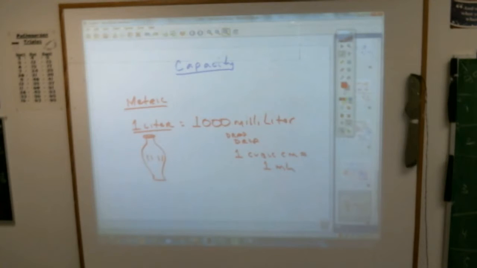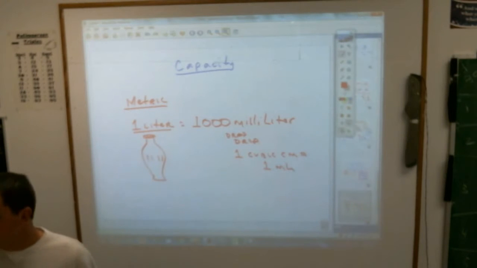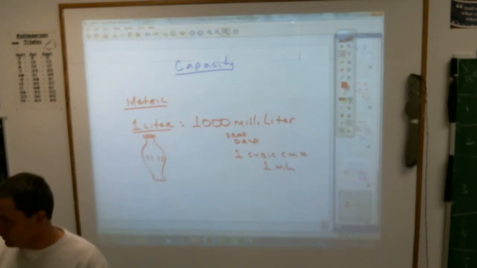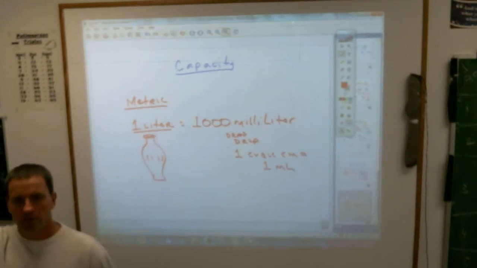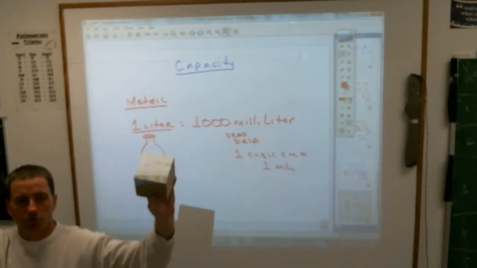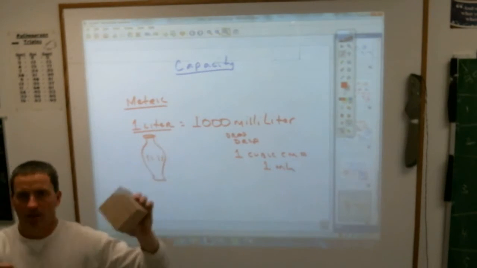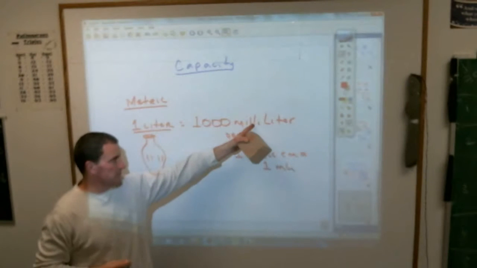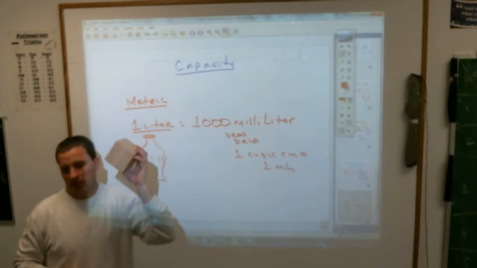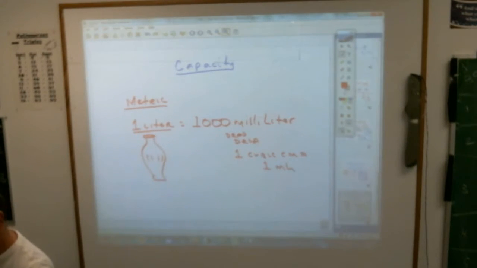To fill up this thing would be 1 liter of water. I don't have a little bottle here. Because that's the same as this. This is 1,000 of these. And 1,000 of these is the same as 1,000 milliliters. And 1,000 milliliters is 1 liter. Got it? Good. Now, off to the tough stuff.